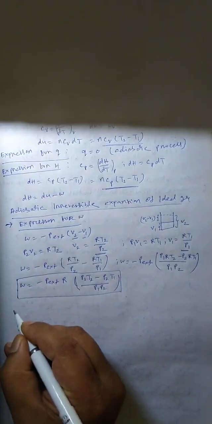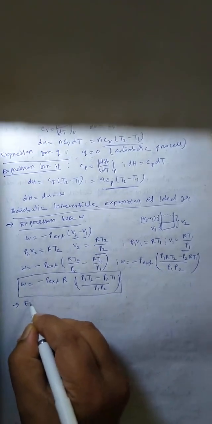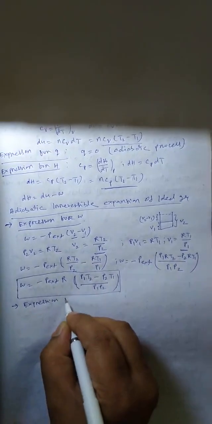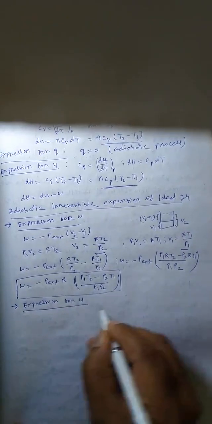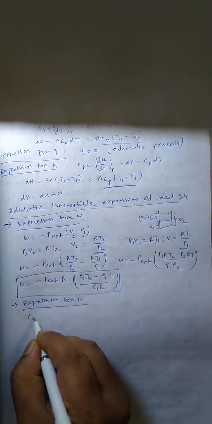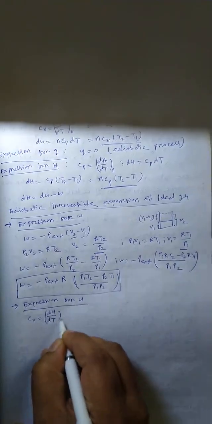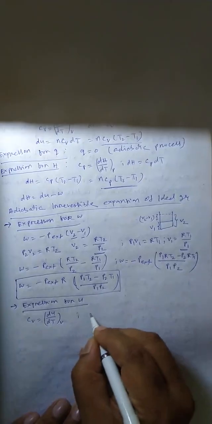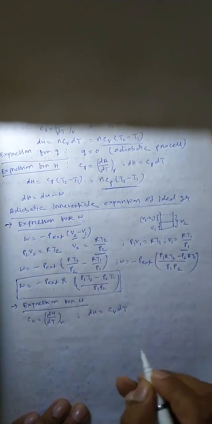Then the expression for U. The same way we derived it for the reversible case. We know that Cv is equal to dU by dT at constant volume. This is for an ideal gas, which we derived. Then dU is equal to Cv dT.